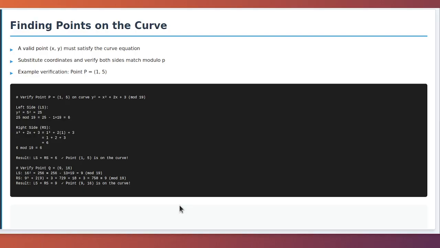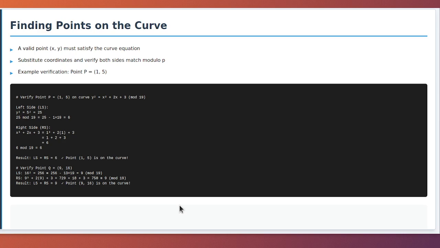Let's verify it. For the left side, 16 squared equals 256. Then, 256 modulo 19 is 256 minus 13 times 19, which is 256 minus 247, resulting in 9. For the right side, 9 cubed plus 2 times 9 plus 3 equals 729 plus 18 plus 3, which totals 750.